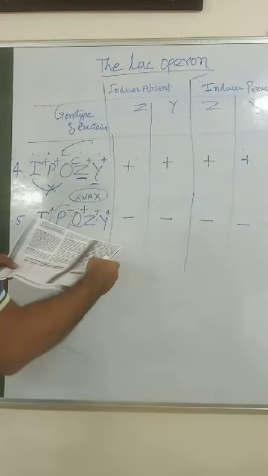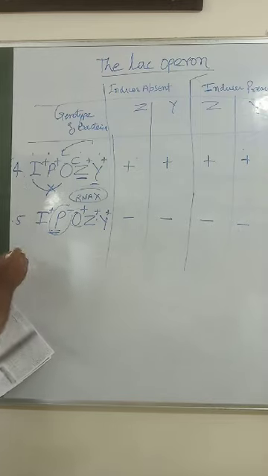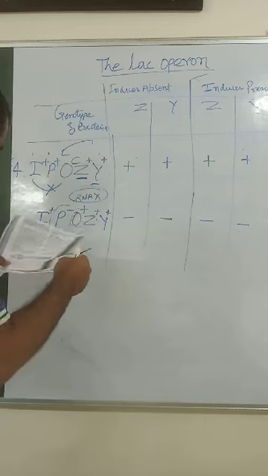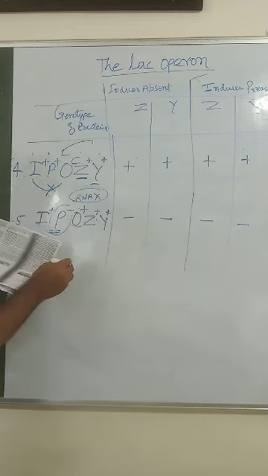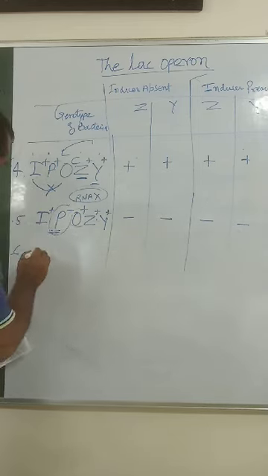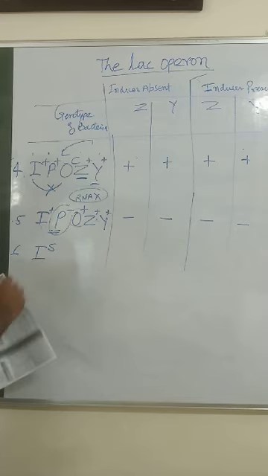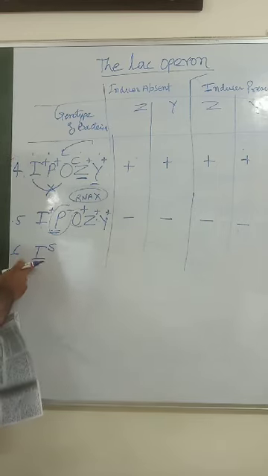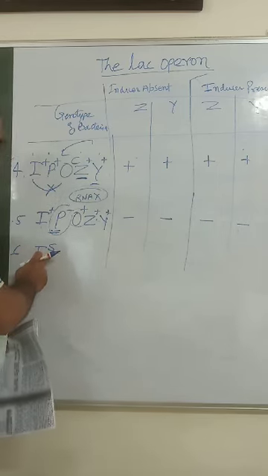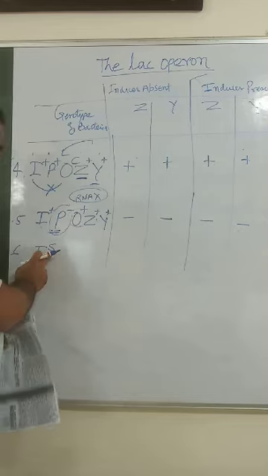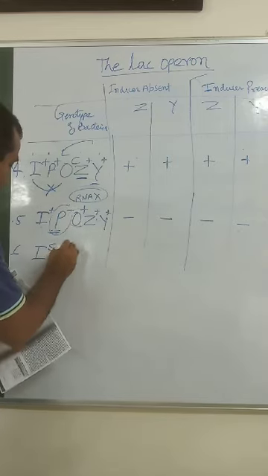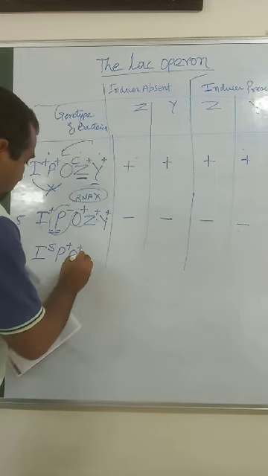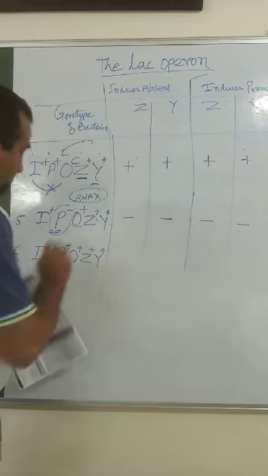Another case, that is the sixth condition. So when there is I^S, that is regulator gene has a mutation, that is S mutation, and normal promoter is there, normal operator is there, normal structural genes are there.